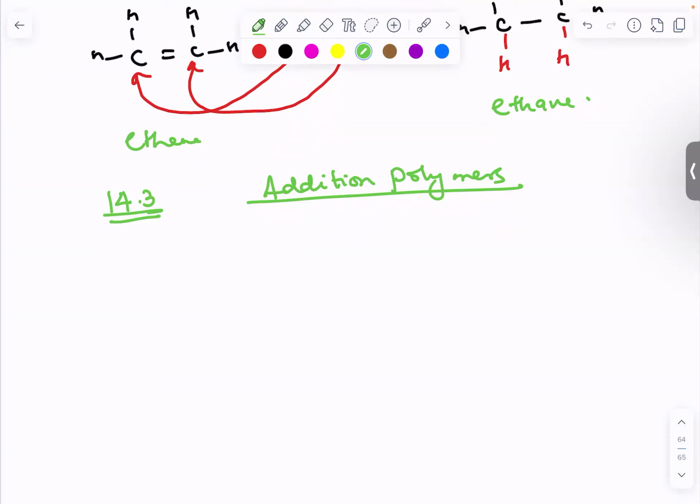Okay, addition polymers. Now, when we talk about addition polymers, if you look around right now, wherever you are sitting, you will come to know that we are surrounded by polymers. Everywhere polymers are present, whether in the form of rope, any plastic thing, or toys.